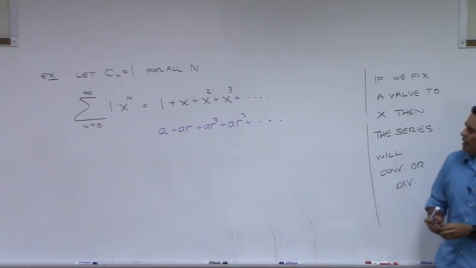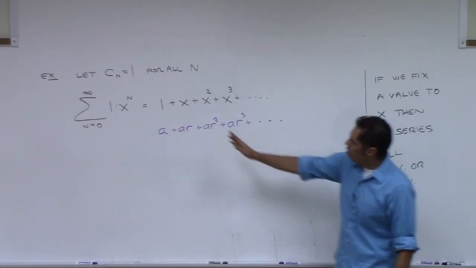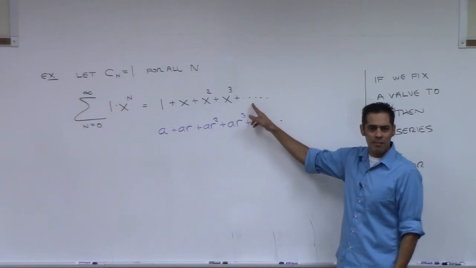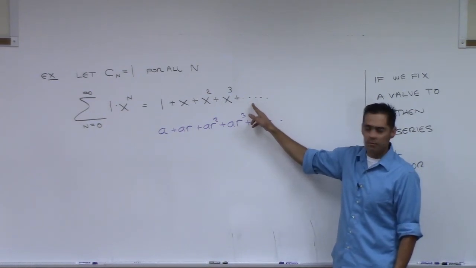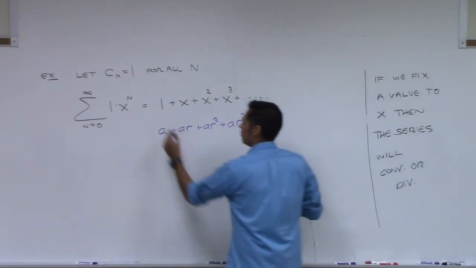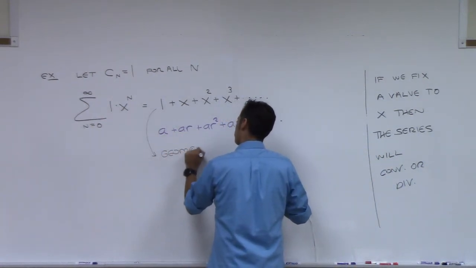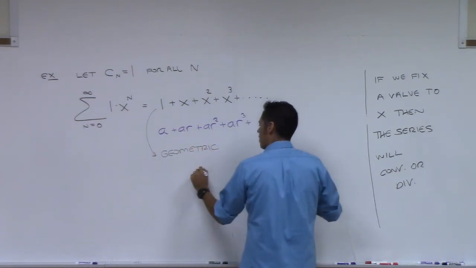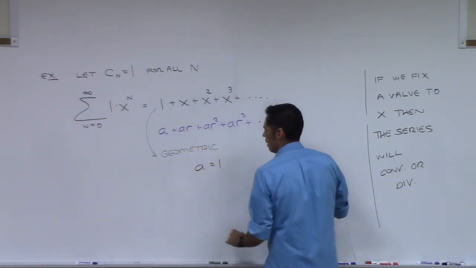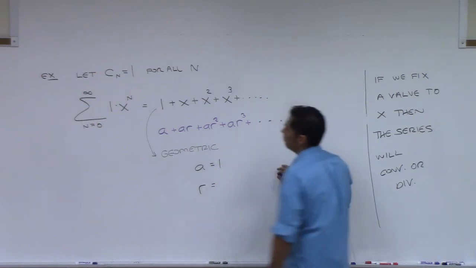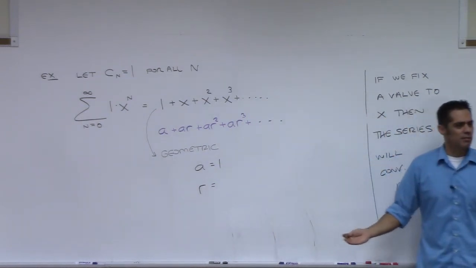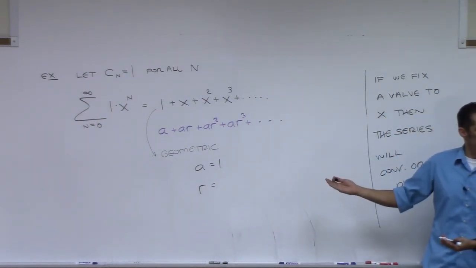So couldn't you make the argument that what we're looking at right here is a geometric series with a being 1? And what about r? R is x.